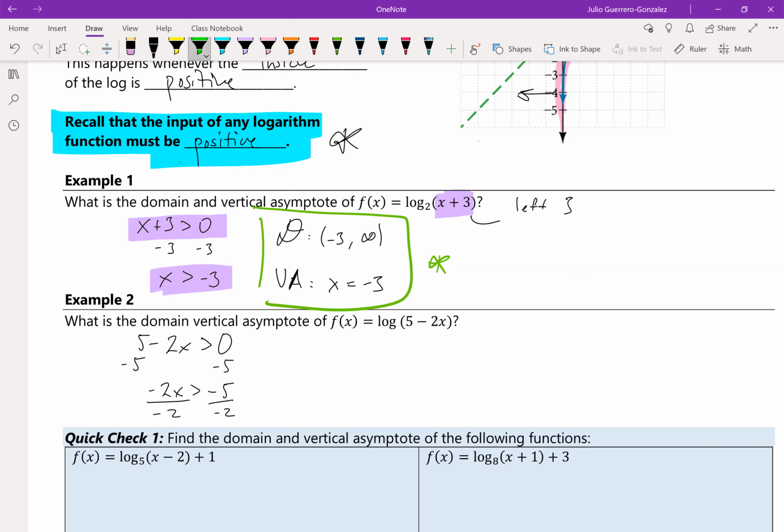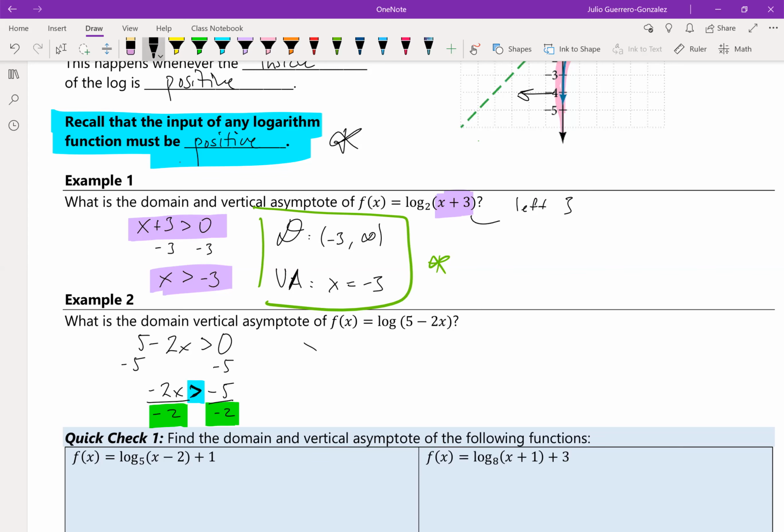So here's a thing that is sort of like your algebra that you're going to have to pick up. See how we are dividing by a negative? Since we divide by a negative, that sign turns the other way.